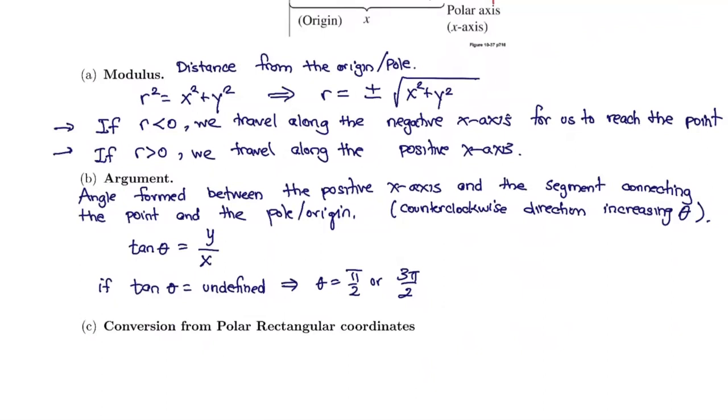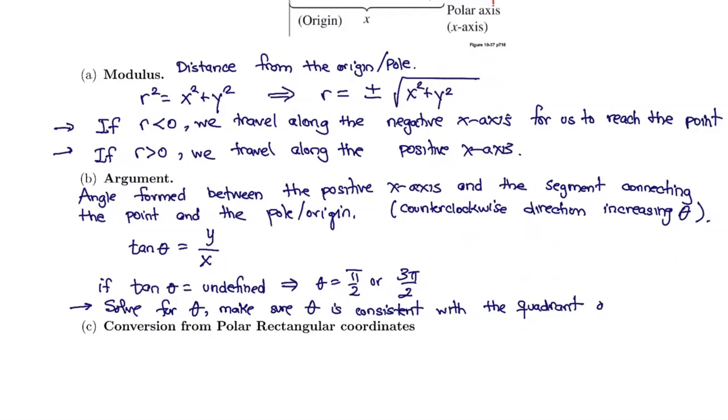The reason I'm not describing it in terms of the inverse tangent is because the inverse tangent has a restriction on the values of theta. And we understand that we have to solve this equation for theta and make sure theta is consistent with the quadrant of the point x, y.